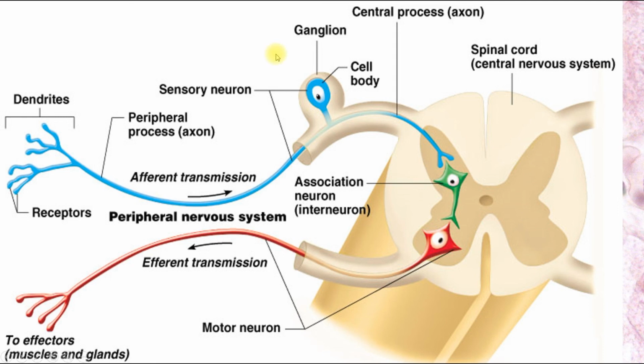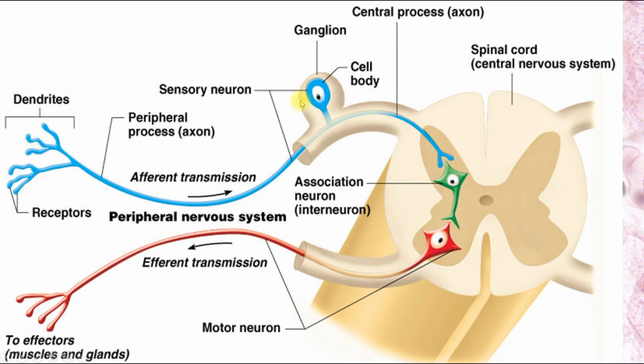And here we can see three basic types of neurons according to their functions: sensory, interneurons, and motor neurons. And here they form reflex arcs. Sensory neurons are located in PNS, interneurons and motor neurons are located in CNS, in spinal cord. So this way of information is called reflex arc.